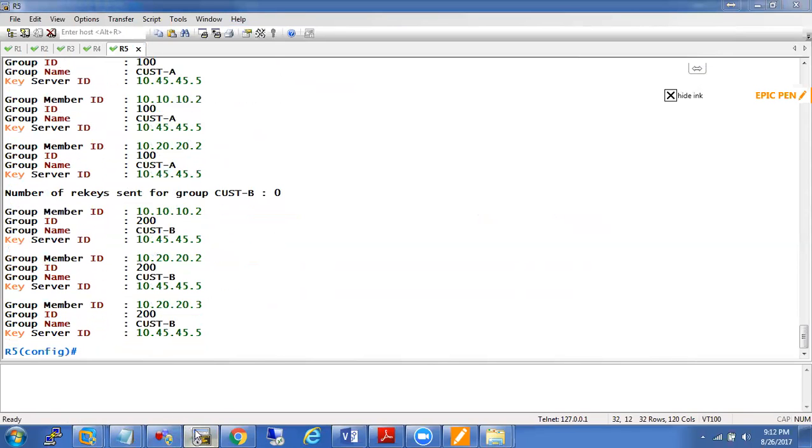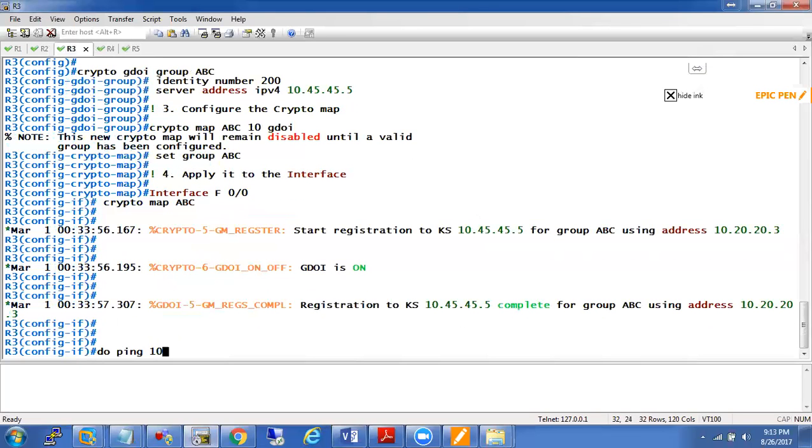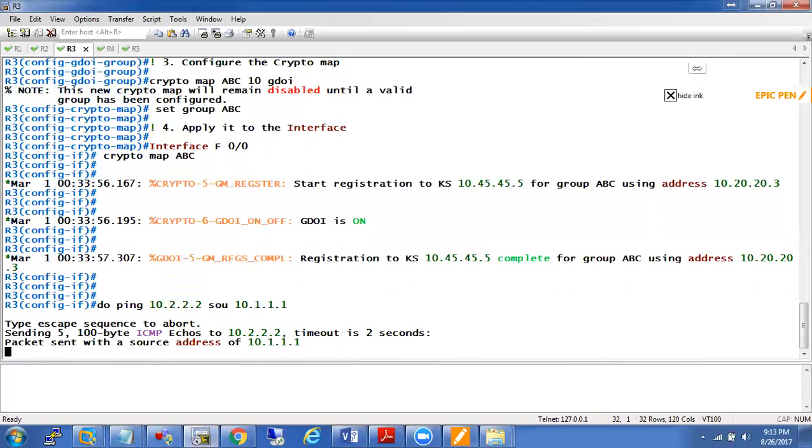So now, if I go back to R3, should be able to ping 10.2.2.2 from 10.1.1.1. Now what happened?